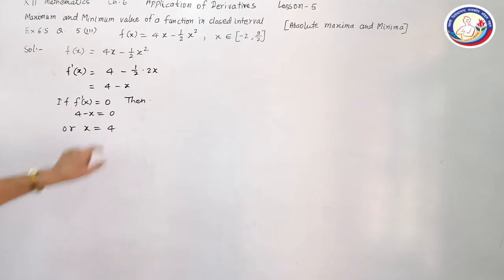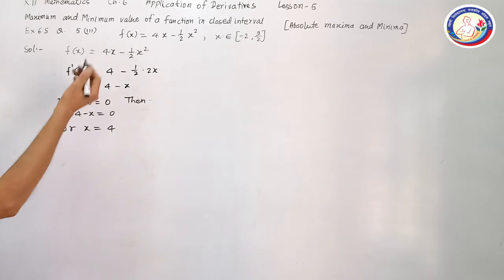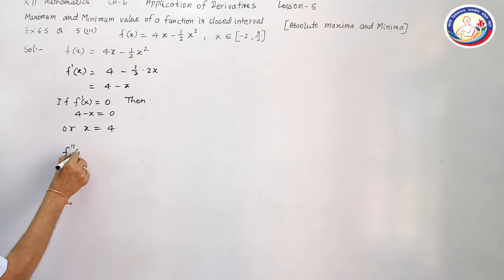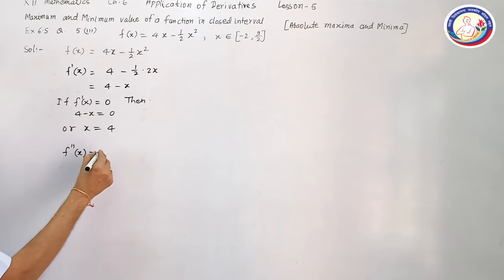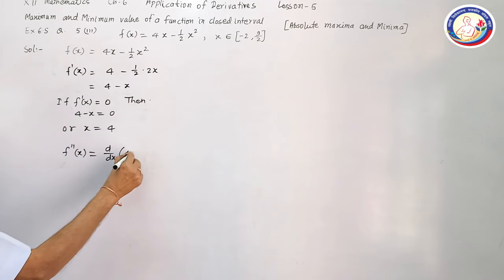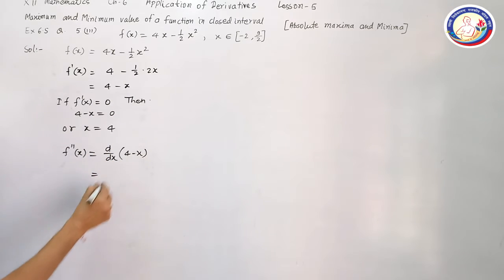This is a critical point. Now find the second derivative. The derivative of the first derivative, that is 4 minus x, is 0 minus 1, that is minus 1.